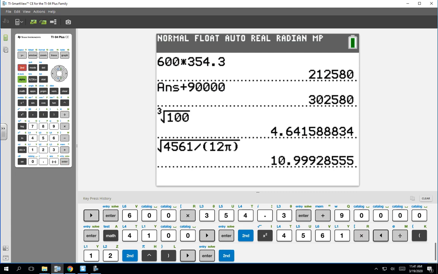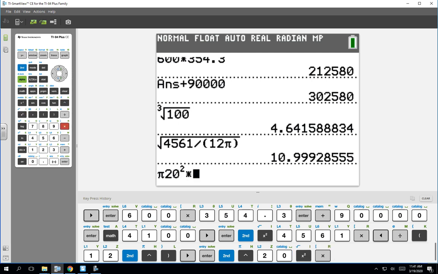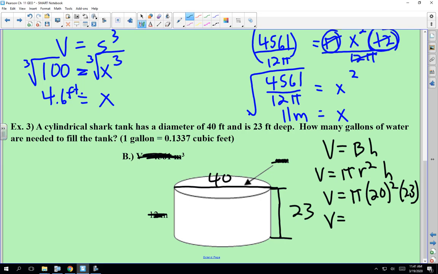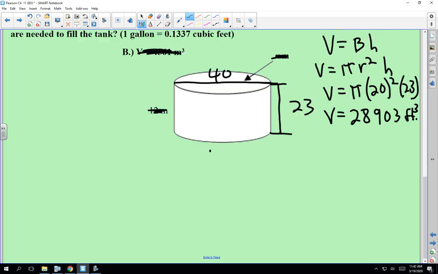Second, pi, 20 squared times 23. It's about 28,903 cubic feet. So that's what we have so far.